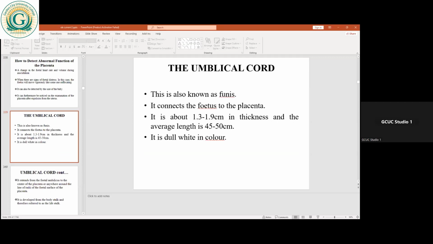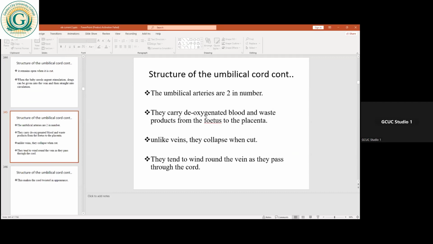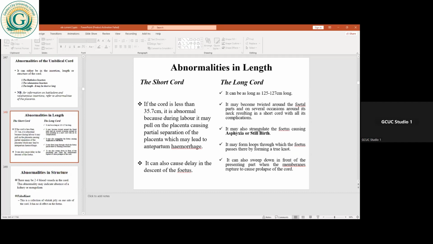Umbilical cord: I described the umbilical cord and its abnormalities, battledore and others, under placenta. The length is an abnormality. We have long cord and short cord, and each one of them has its own problem.